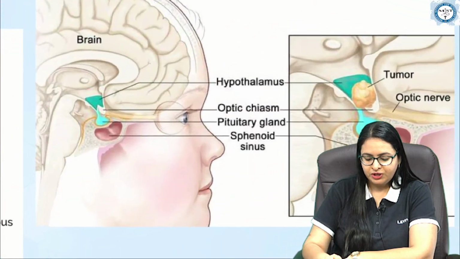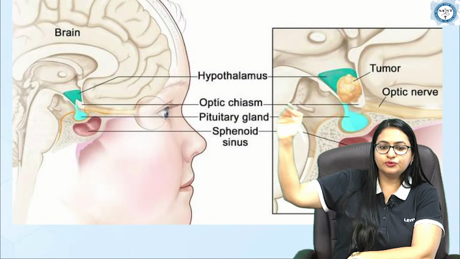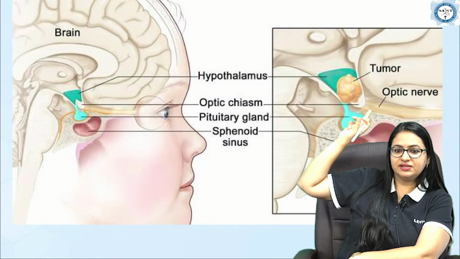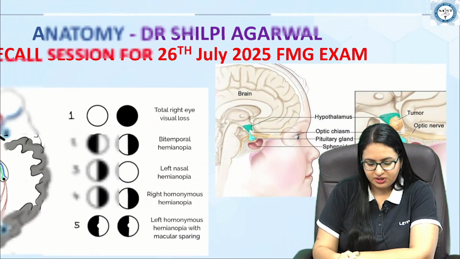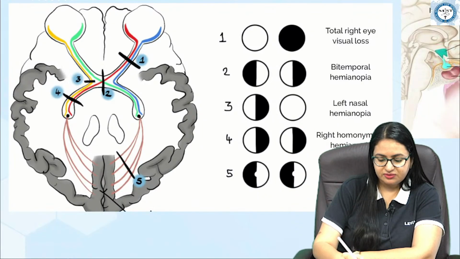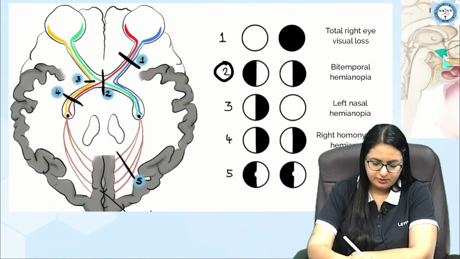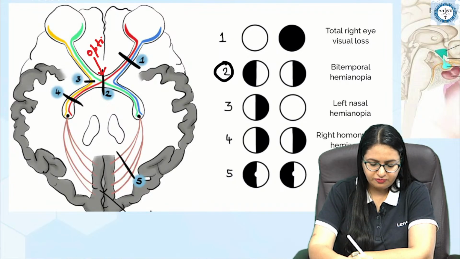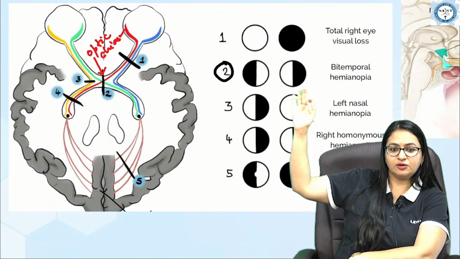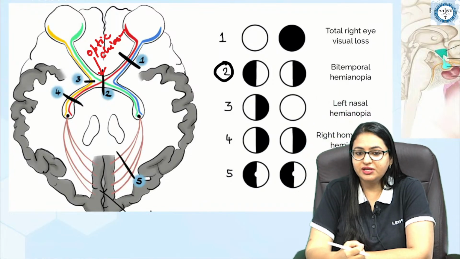Why is it so? Because the pituitary gland is closely related to the optic chiasma, and if there is any growth in the pituitary gland, it can compress the optic chiasma. The second structure represents the optic chiasma, and whenever there is compression at the optic chiasma, we have this kind of visual defect, bitemporal hemianopia.